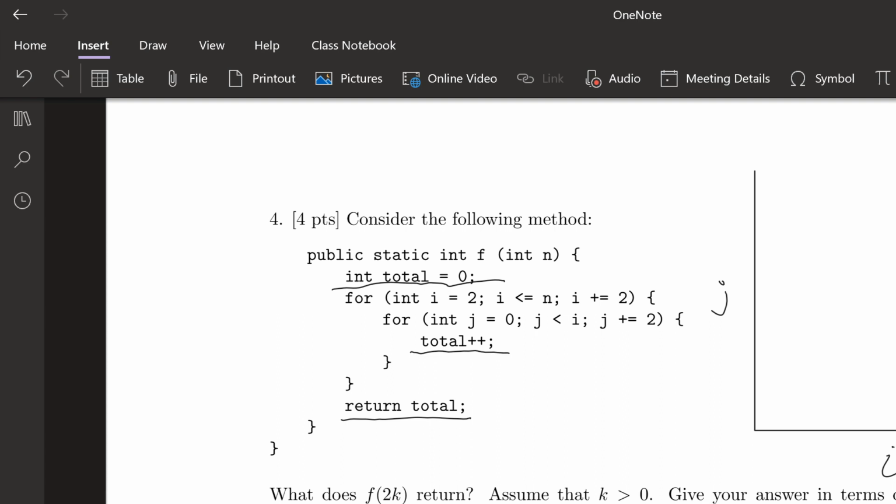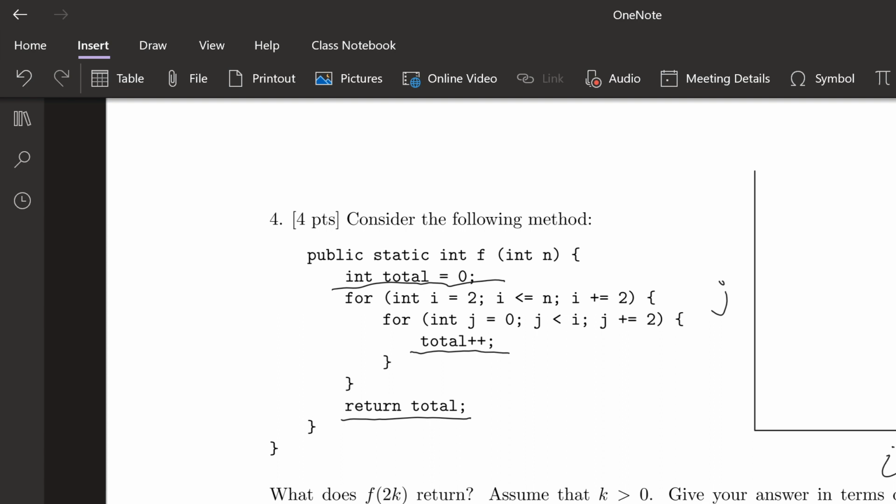Every time we run through this innermost part of the loop, I'm going to draw a little dot, right? And then at the end, once I have drawn all of the dots for every value of i and j, I just want to add all of those dots together, and that will give me the total answer in terms of k. It'll be a little bit easier when we run through it.